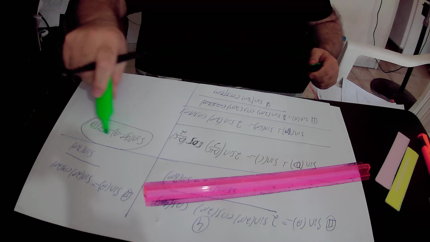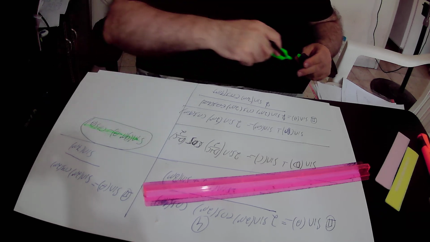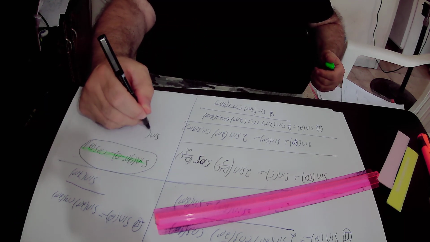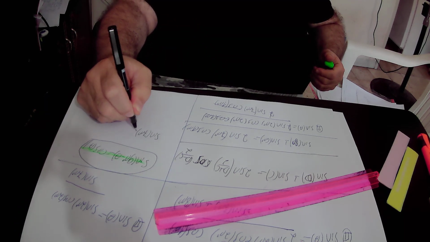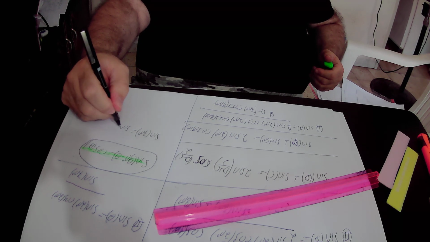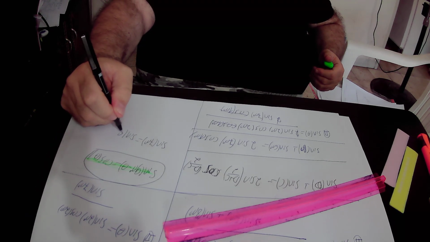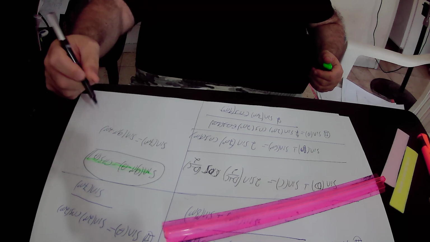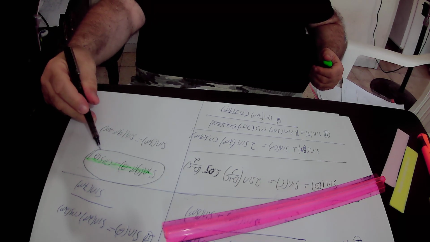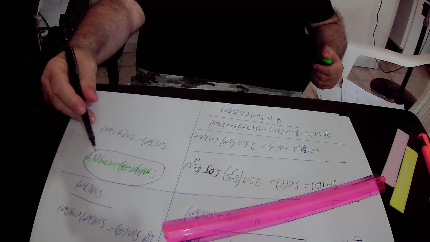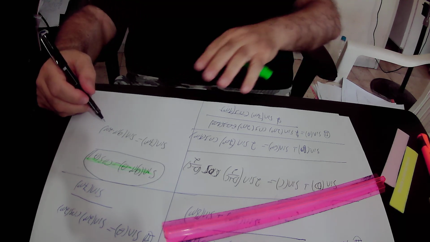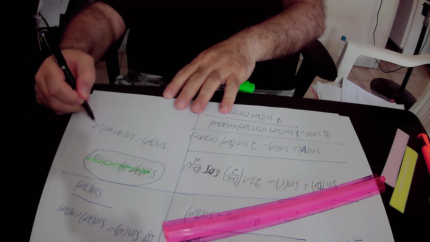So according to this trigonometric identity, sine 70 degrees equals sine of (90 degrees minus 20 degrees), and sine of (90 degrees minus 20 degrees) equals cosine 20 degrees.